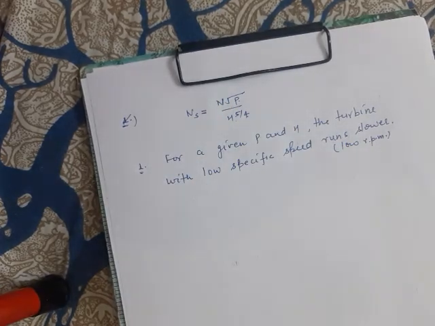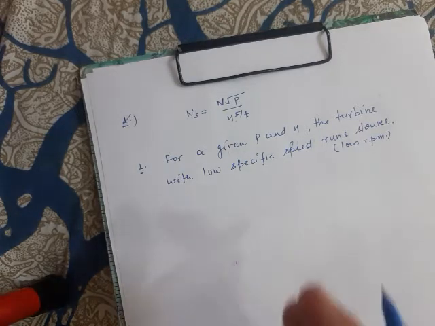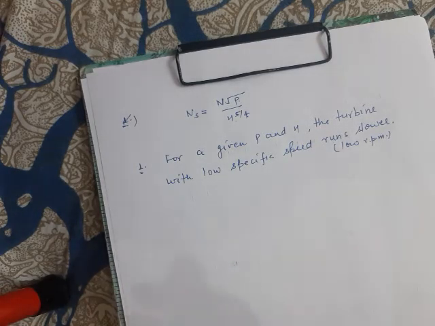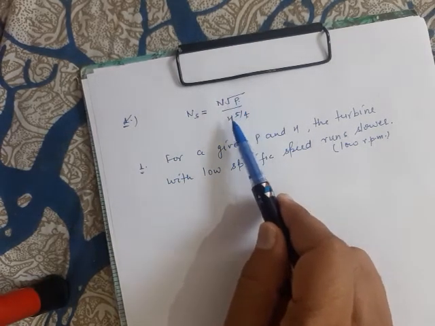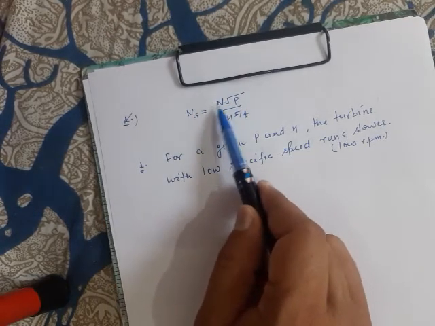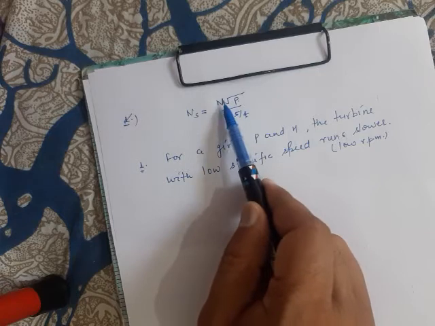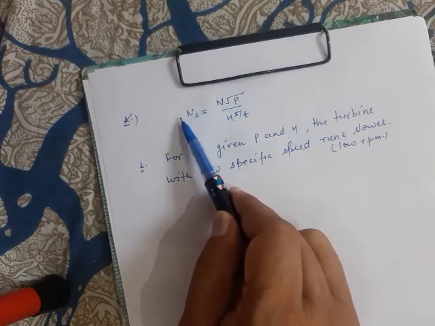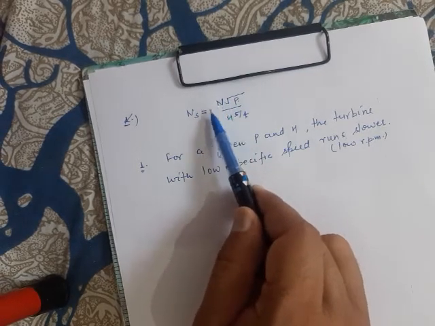So for a given power and head, the turbine with a low specific speed will run slower, and the turbine with a higher specific speed will run faster, as speed N increases directly with the specific speed. Clear to you? For a given power and head, the turbine with low specific speed will run slower, meaning it would have low RPM, and a turbine with higher specific speed will have higher RPM.